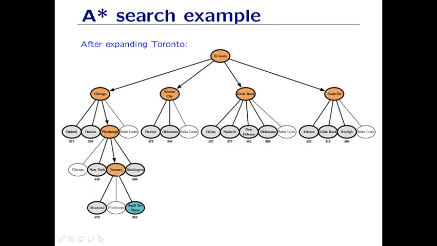Now let me tell you one more thing here, that you're not just going to go level to level, because if you expand all of these one by one, then you're going to get confused. What you will do is, first you will check this whole level, to see if it is reaching your goal or not. So you will select this, and you will go to Sault Ste. Marie, and you have reached your goal from here.